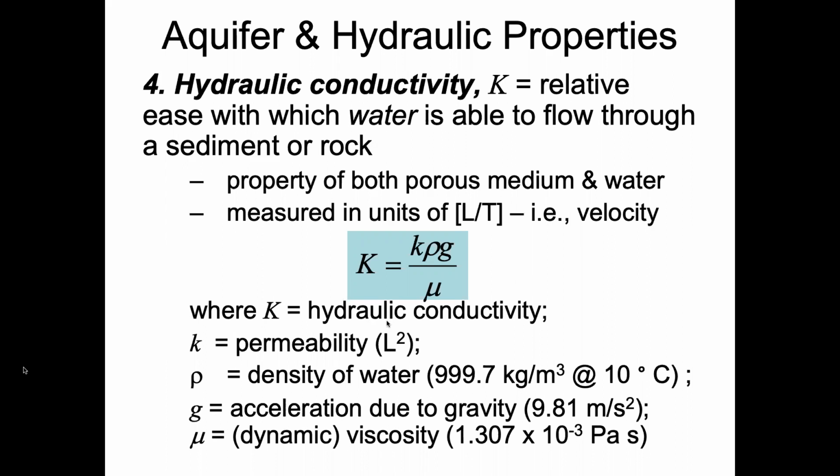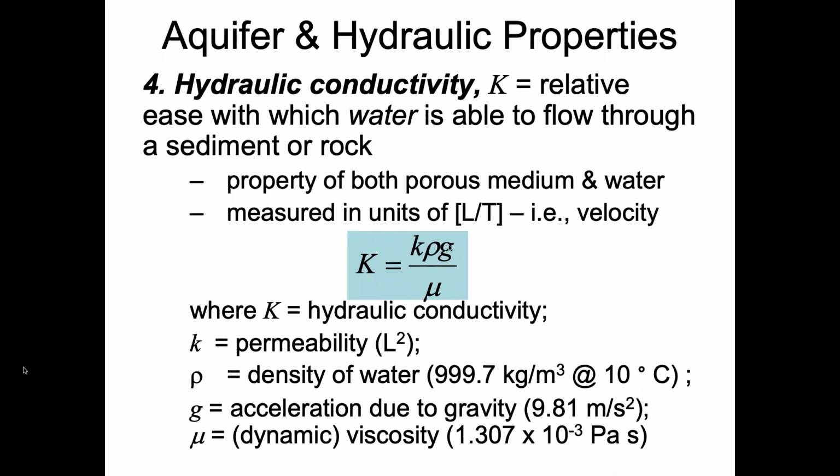So hydraulic conductivity is equal to our permeability. And remember, the permeability is just the ability of any fluid to move through porous media, times and divided by properties of the water itself, right? So we have the density of the water that would be coming into here. We have gravity due to acceleration, and then divided by the dynamic viscosity of the water itself.